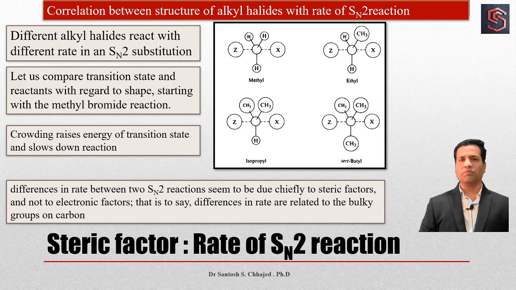If the number of alkyl groups on the carbon is less, the rate of reaction will be high, and this is how in general we can conclude that the difference in the rate of SN2 reaction is due to steric factors and not due to electronic factors. The bulkier the group, the slower the rate of reaction.